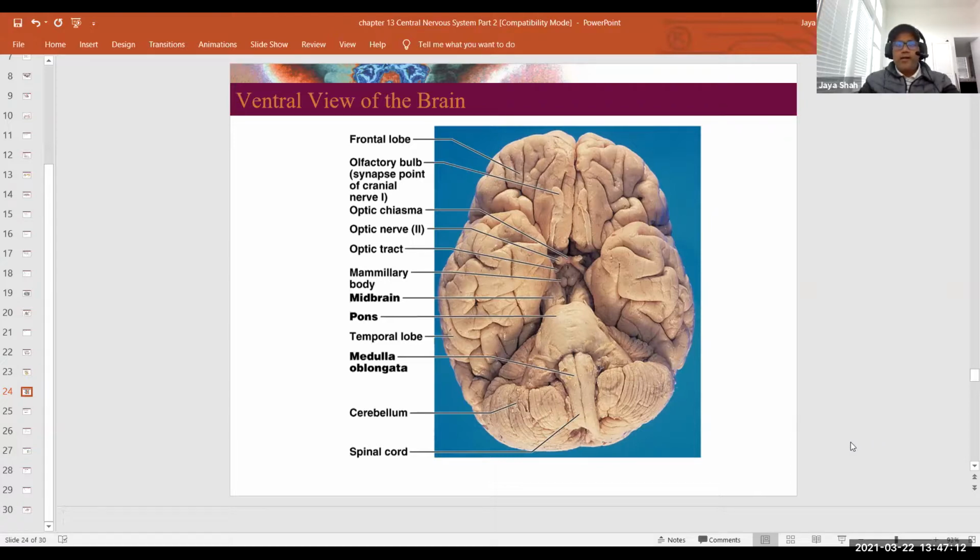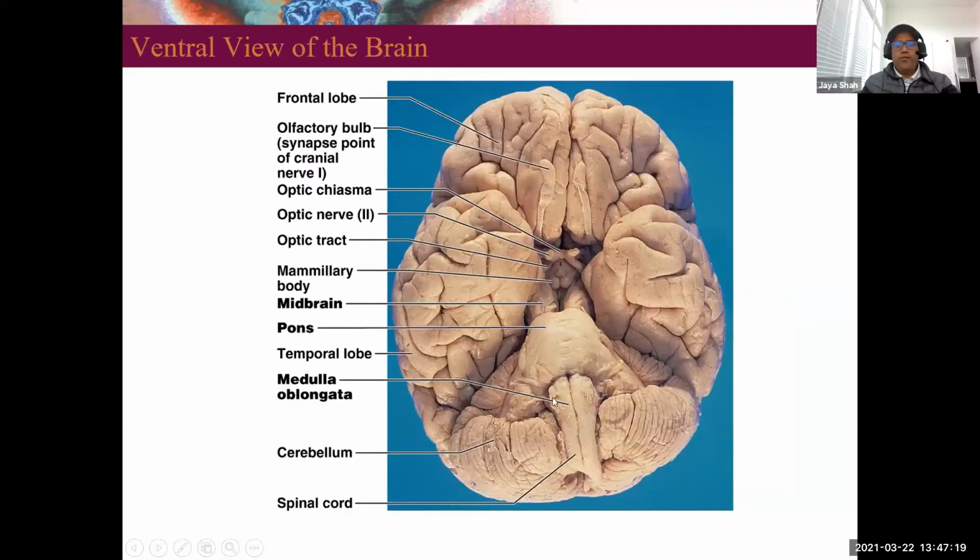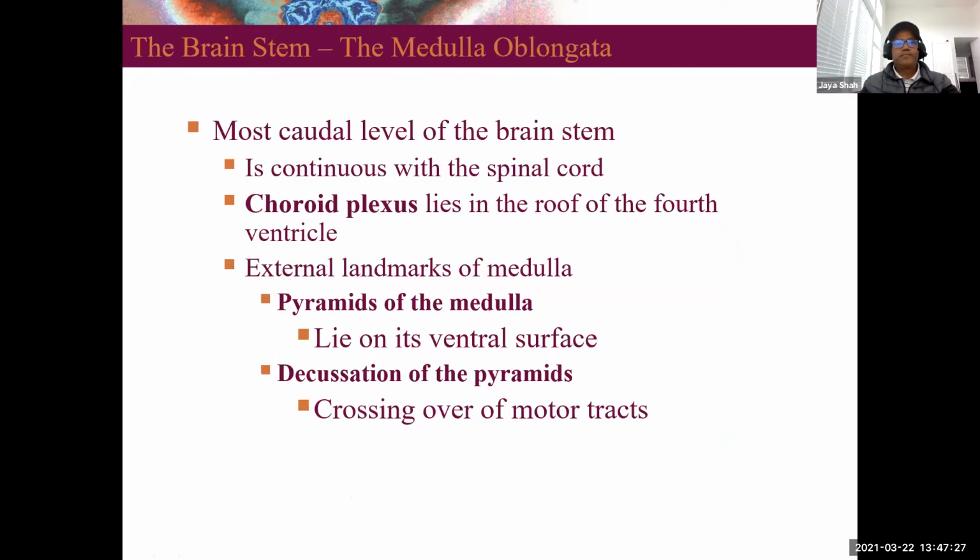Okay, let's talk about the medulla oblongata now. So this is the medulla oblongata. Medulla oblongata contains most of the vital centers of the brain. This is the most caudal level of the brain stem. It is continuous with the spinal cord, and the choroid plexus lies in front of the fourth ventricle.